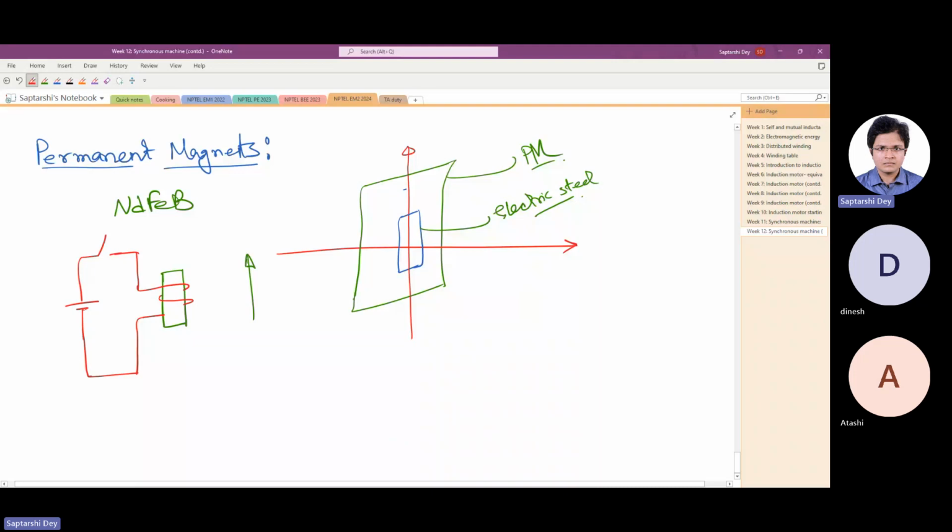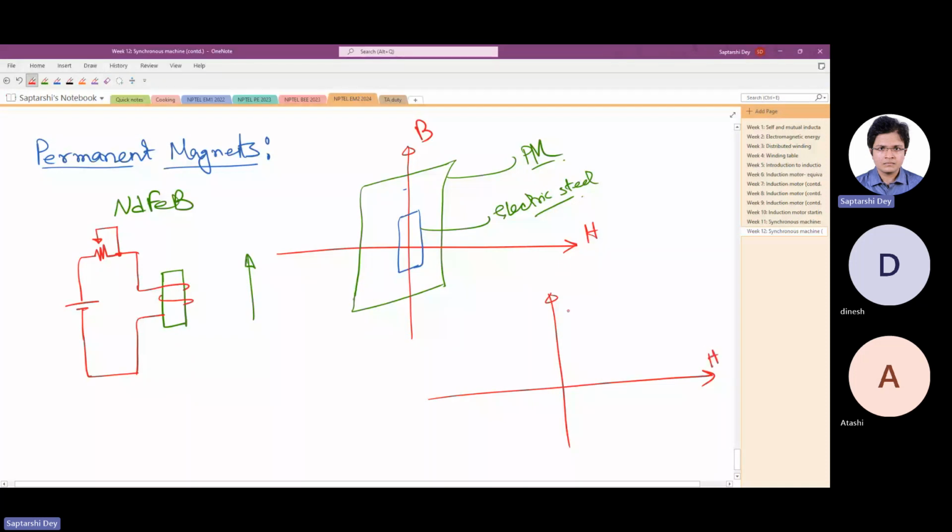Large current flows, B comes up. Now suppose you have a control on it and you are trying to plot a graph. What graph are you trying to plot? You are trying to plot a BH curve.